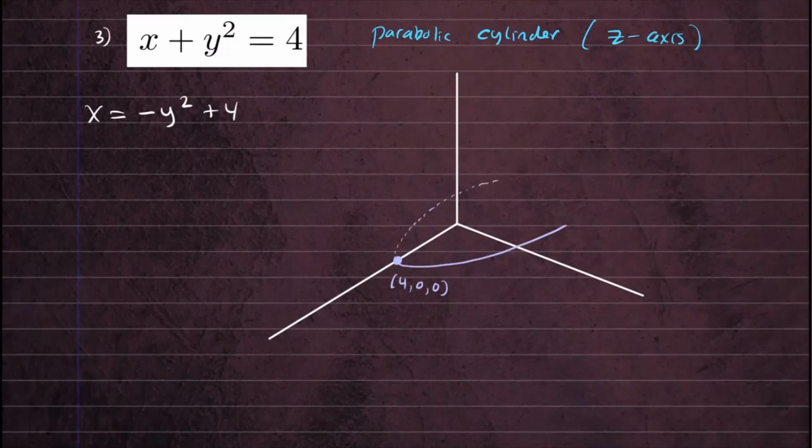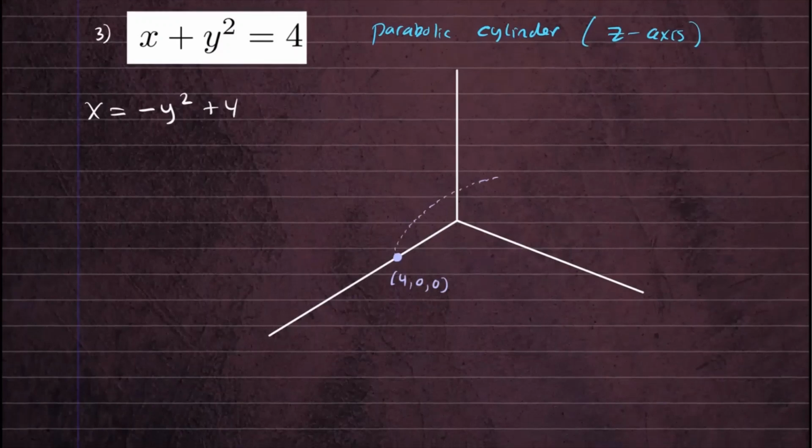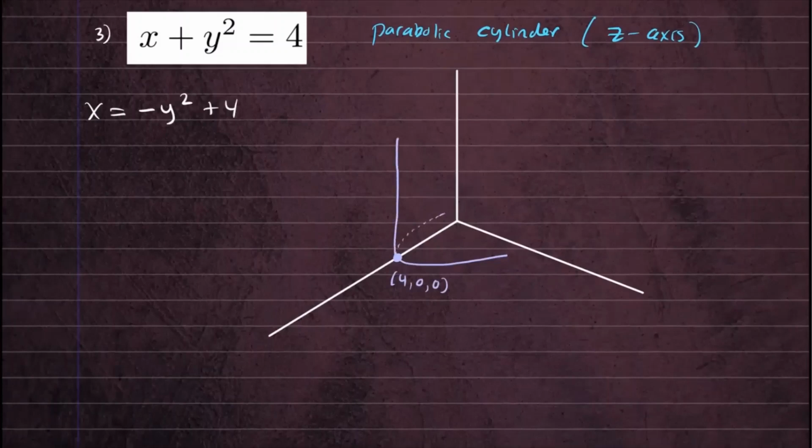So something like that. Now, I'm just going to try to draw it in such a way so you can see how this looks. So perhaps something like that. It's going to be parallel to the z-axis. So you can also think of that. And just trace a few more to create this cylinder. So here's another parabola up here. Here's the back. And then just create a couple more right up here. And that's the back.